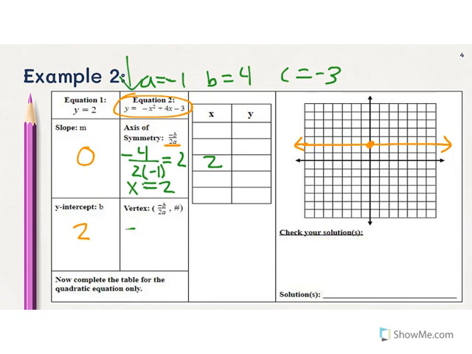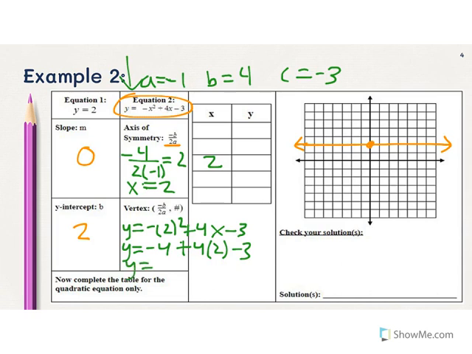And I'm going to go ahead and solve for y. So let's see what we get. We have y equals negative 2 squared plus 4x minus 3. 2 squared is 4 times a negative 1 is negative 4. Then we have plus 4. Oh, I forgot to put the 2 in right there. We're going to do it now.